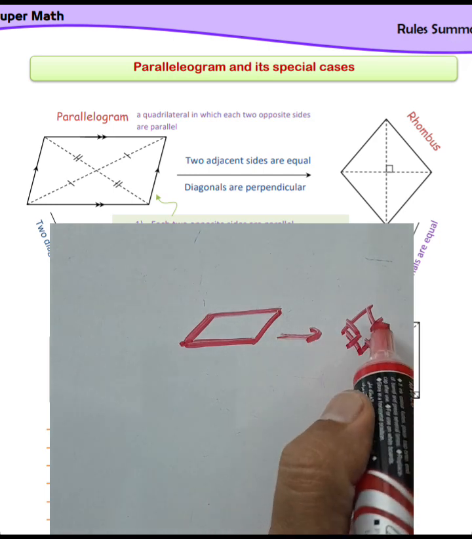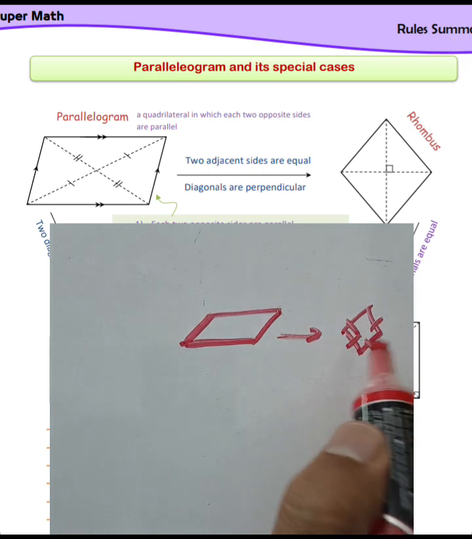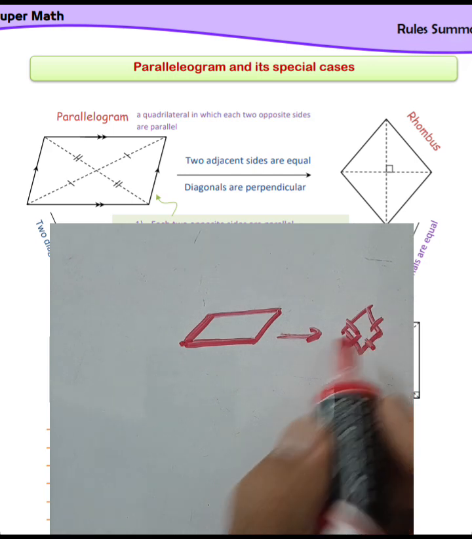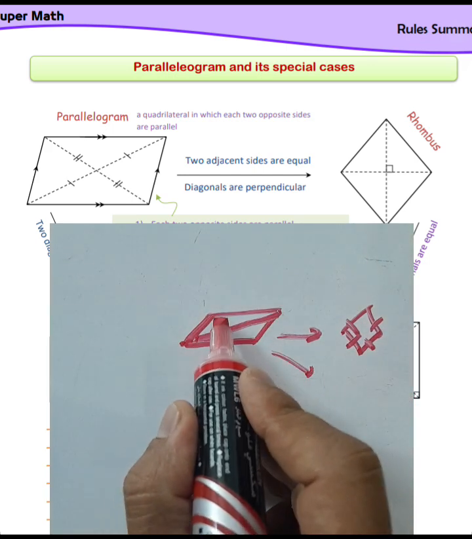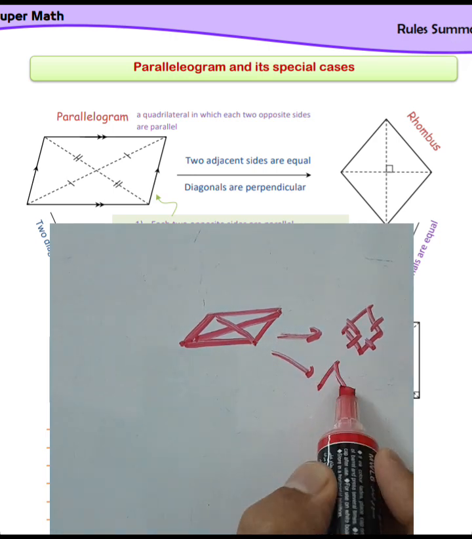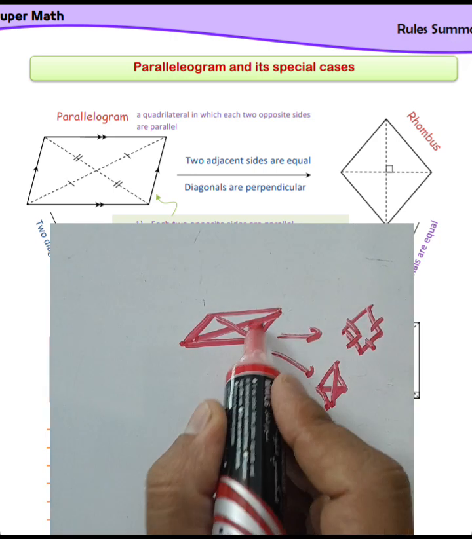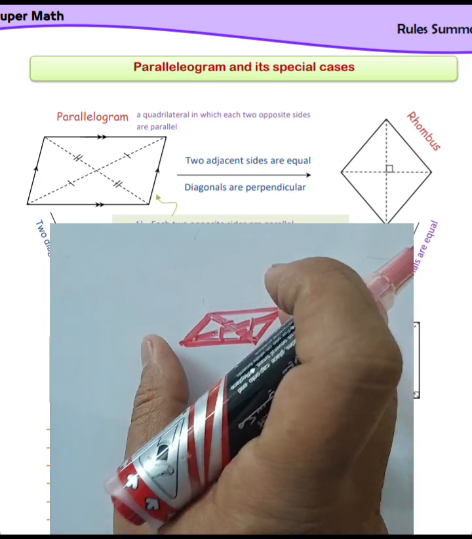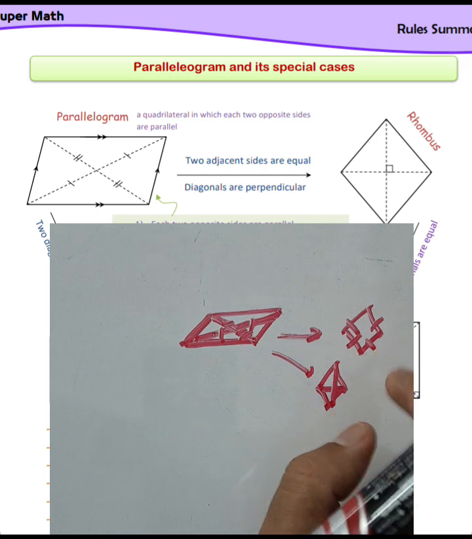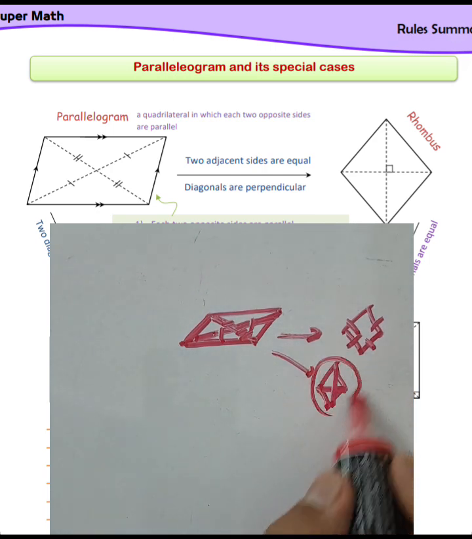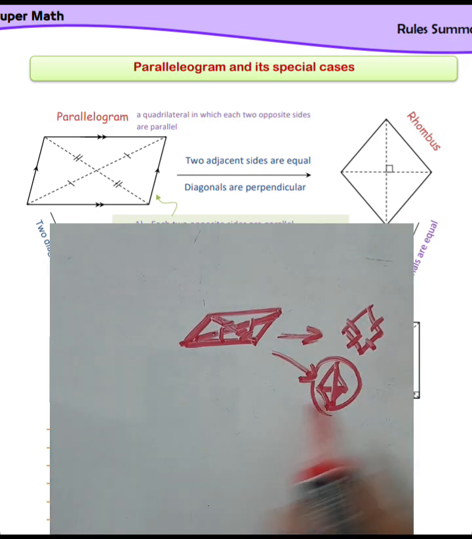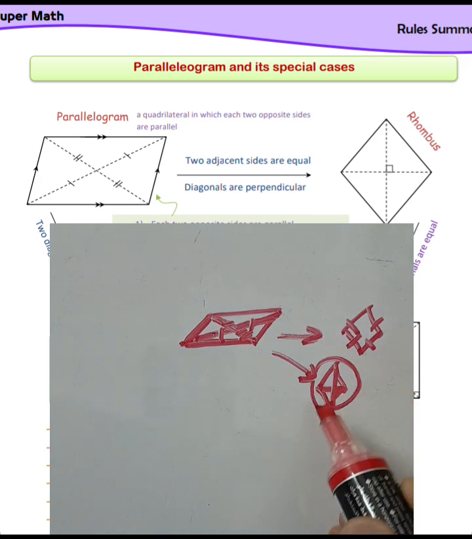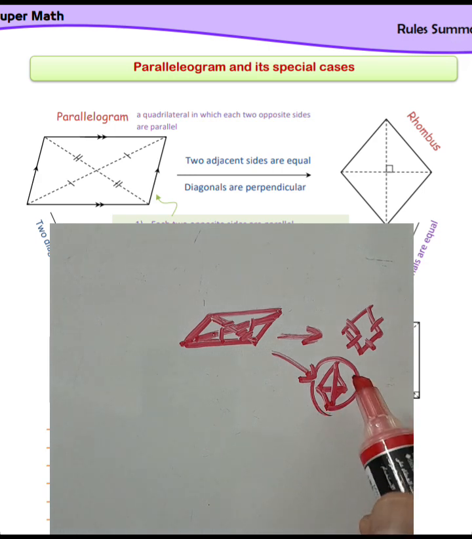Or if the two diagonals are perpendicular, it will be a rhombus, because the two diagonals in a parallelogram bisect each other. Then the rhombus is a parallelogram in which two adjacent sides are equal in length and the two diagonals are perpendicular. This is the definition of a rhombus.